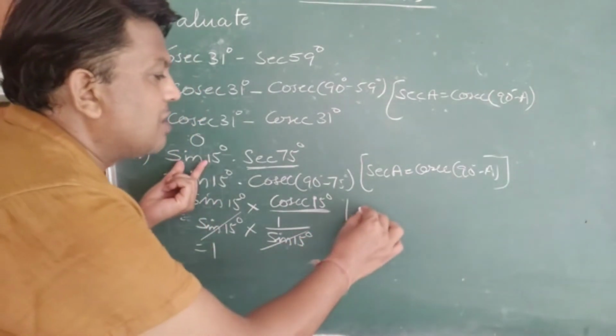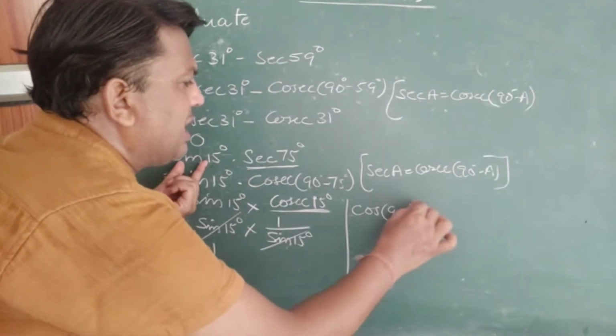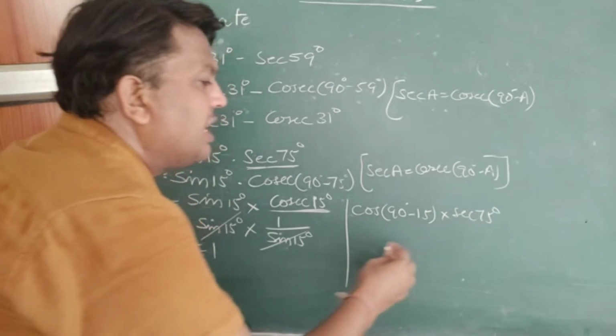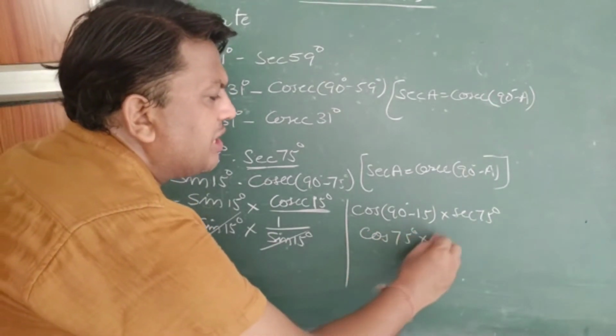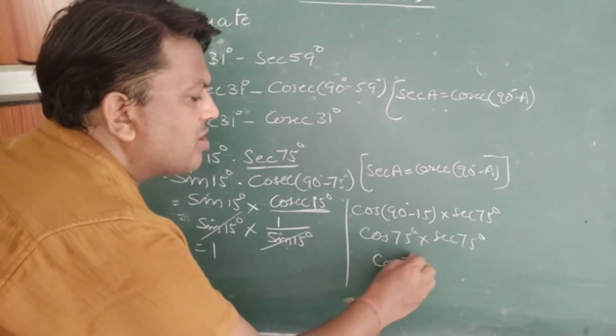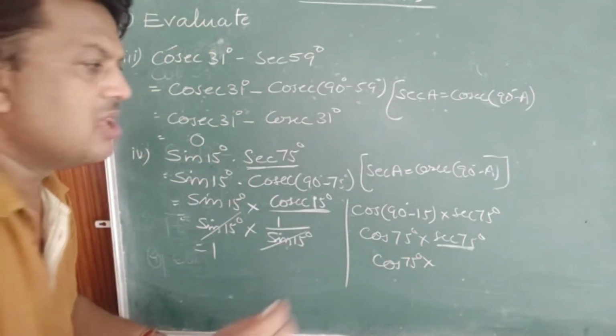Suppose in place of sine, you write cos 90 minus 15 degree, is it not? Into sec 75 degree. So cos 90 minus 15, that is cos 75 degree into sec 75 degree. Sec and cos have a relation. How?